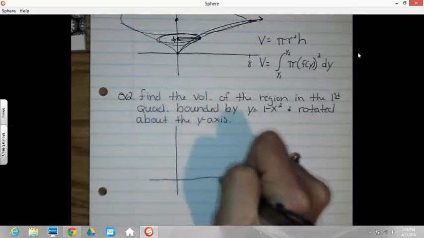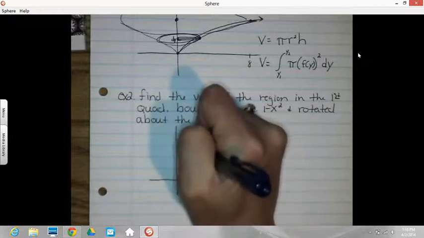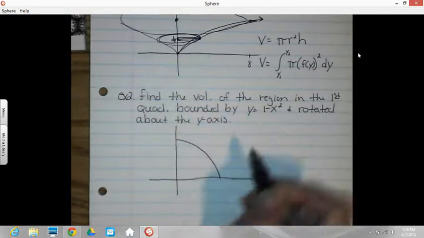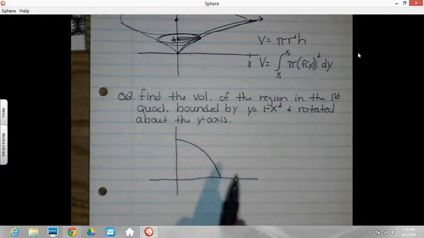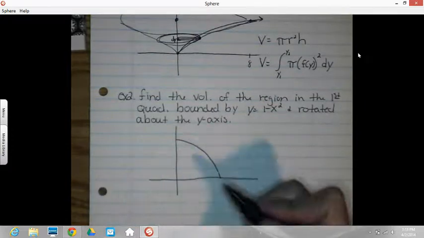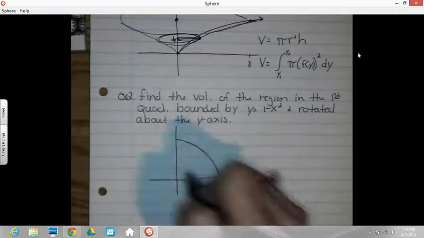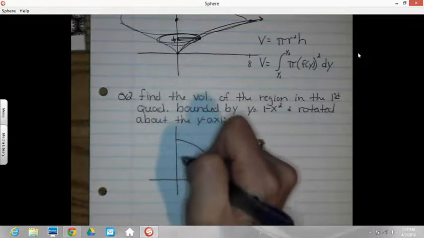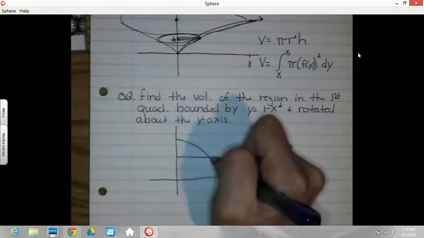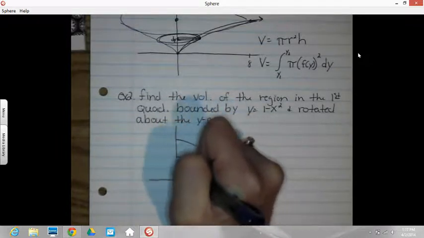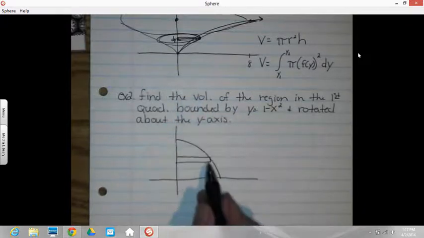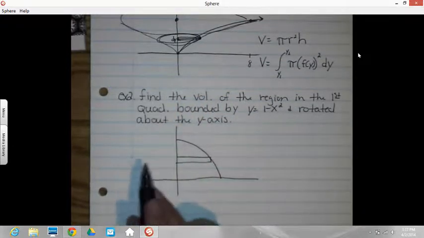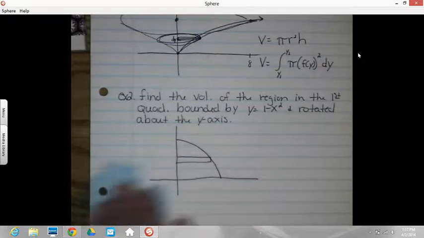So I'm taking this and rotating it around the y-axis. Okay, so right away, I need my rectangle to be perpendicular to the y-axis like that, so I can spin it around and create those cylinders that are laying flat and stacked up.